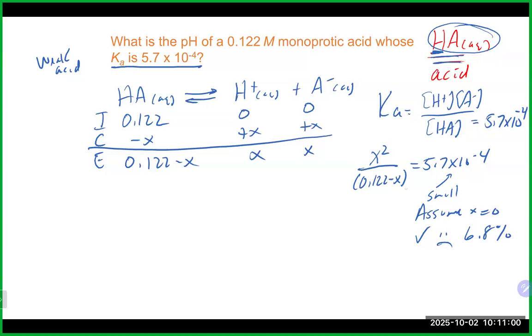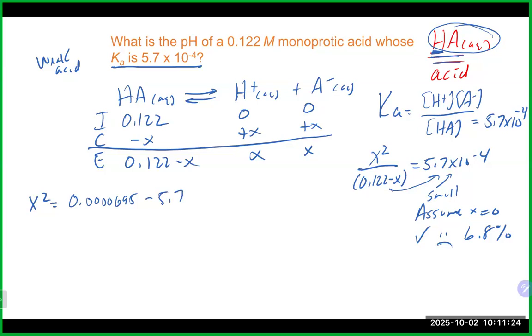So here, because our check is not good, we go back and do a little quadratic in this case. We multiply that to the other side. That's going to give us x squared is equal to 0.122 times 5.7 times 10 to the minus 4, and that's going to get us 0.0000695. I could have written scientific notation, I imagine.